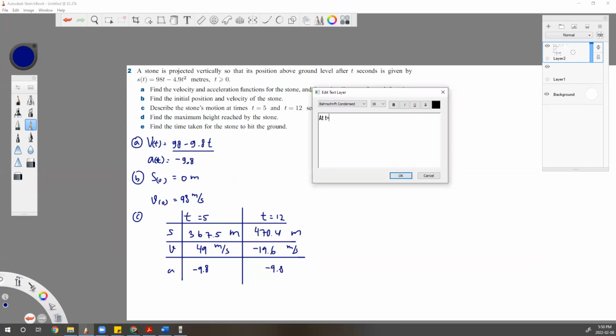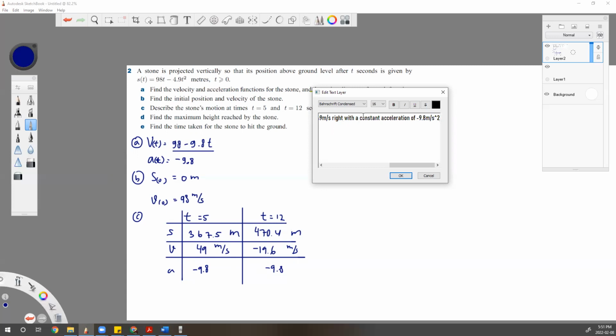At t equals 5, the position of the object is 367.5 meters to the right, because it's positive, and moving with speed 49 meters per second, with a constant acceleration of negative 9.8 meters per second squared.